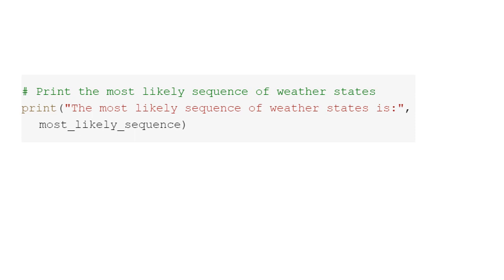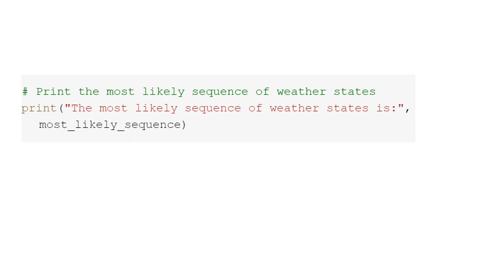The execution and results: first we'll be talking about the execution. The program initializes the forward probabilities using the initial state probabilities and the emission probabilities of the first observation. It iteratively updates the forward probabilities for each observation in the sequence.